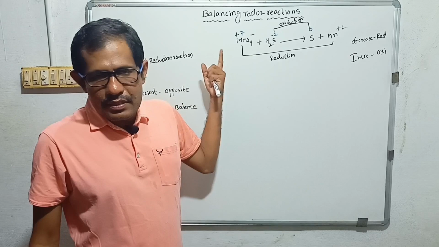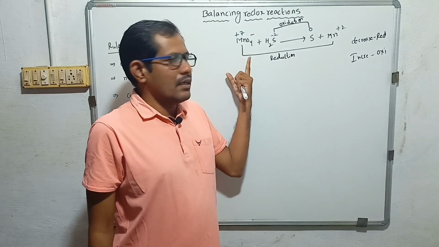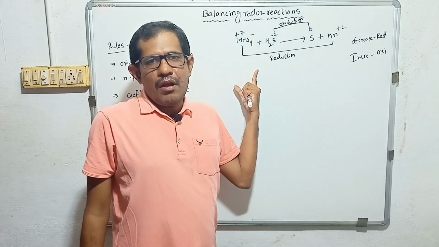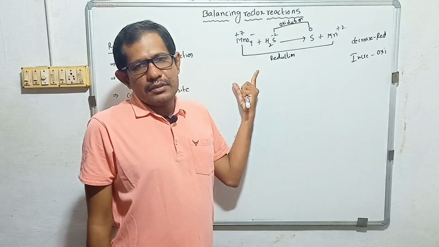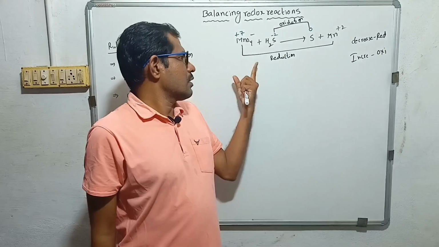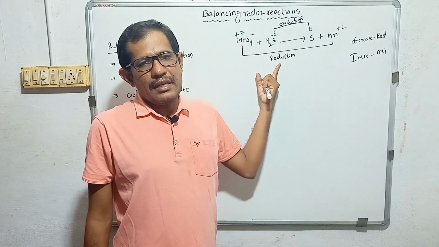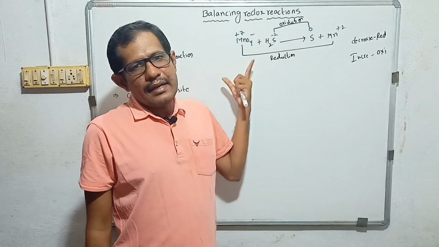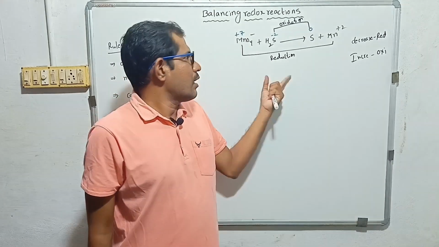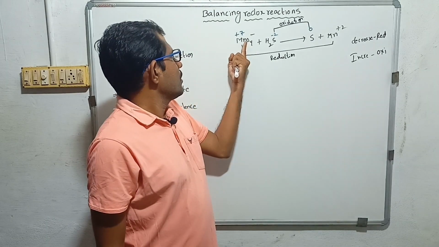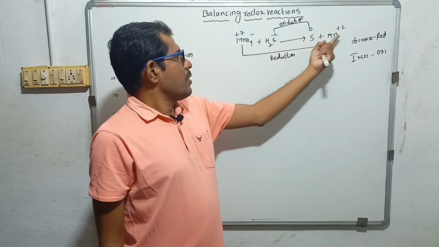As soon as you see the reaction, write the oxidation numbers. After writing the oxidation numbers, find what is the reduction reaction and what is the oxidation reaction. And then calculate the n factor. Here what is the n factor? Plus 7 to plus 2.